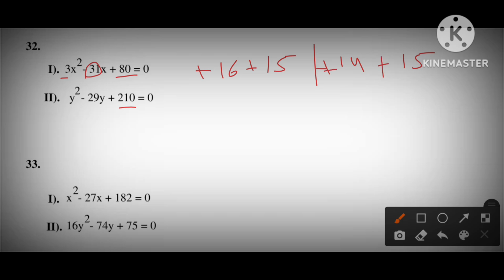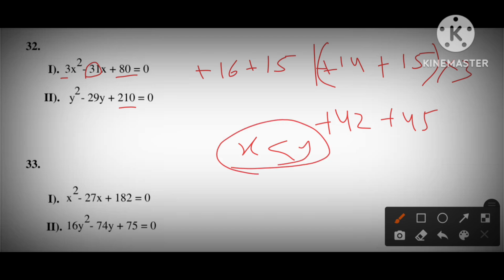Okay, now the bases are not equal, so we need to multiply y equation with 3. This will be 15 3 times, 45, 53, 14 times, which will be 50, sorry it is 42. 14 3 times will be 42, and now by comparing these two it is clear that x is lesser than y.